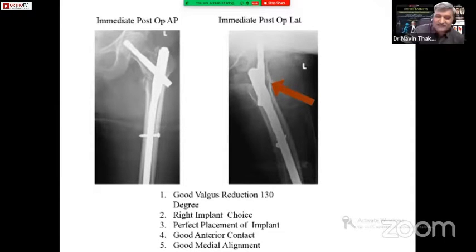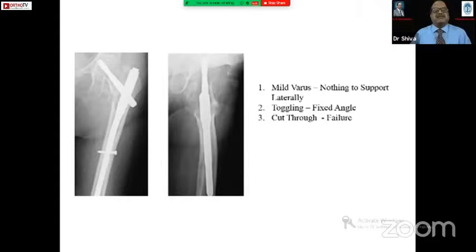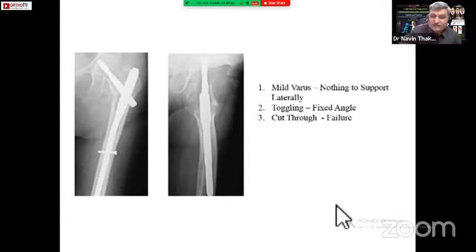Let us see what happens. Now see, it has gone into a little varus because the whole lateral side, posterolateral side is not protected here.